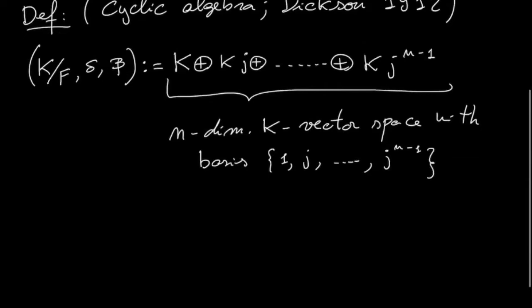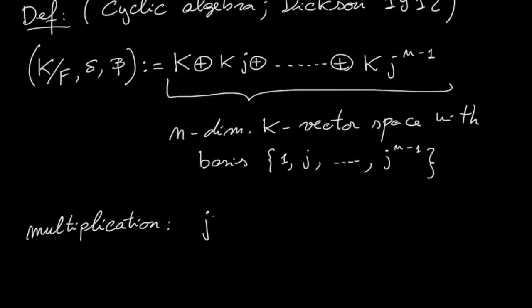And now on this vector space, we can define the multiplication, and using distributivity, it suffices to impose the following relations: j to the n is equal to beta, and lambda j is equal to j times the action of the generator of the Galois group on lambda, for every lambda in capital K. With these two relations we have a well-defined multiplication.